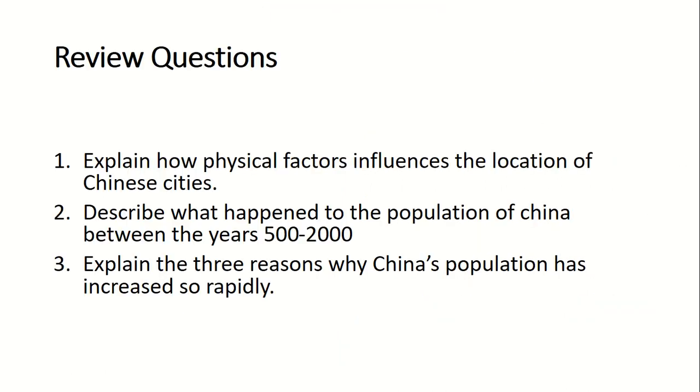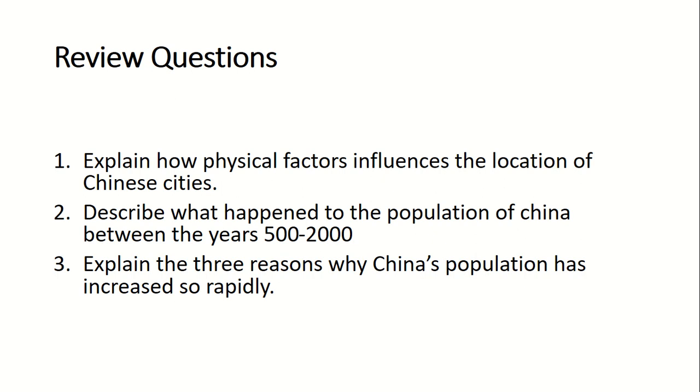Okay, so we've got 3 review questions for you today. Again, as always, you can feel free to go back through this PowerPoint the absolute best you can and answer these questions. So the first one, explain how physical factors influence the location of Chinese cities. That is the map right the way at the start.